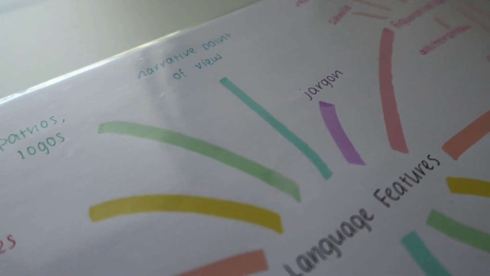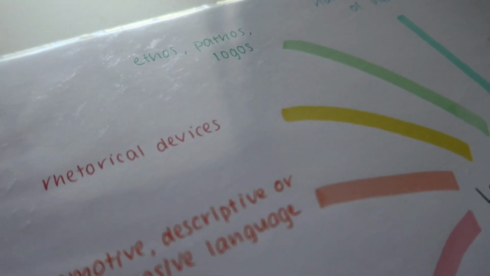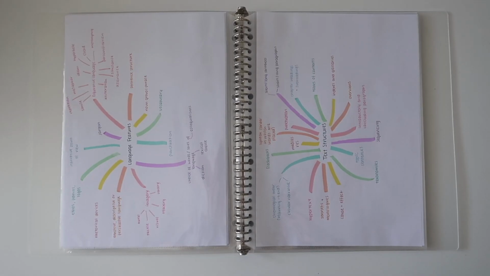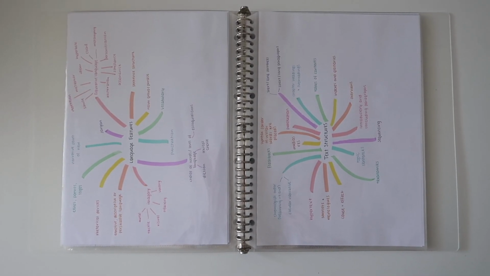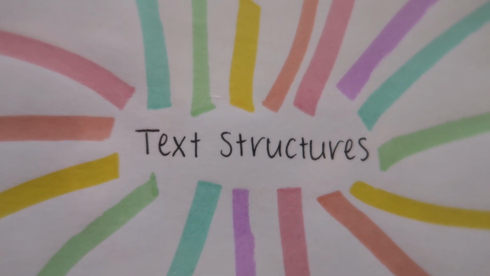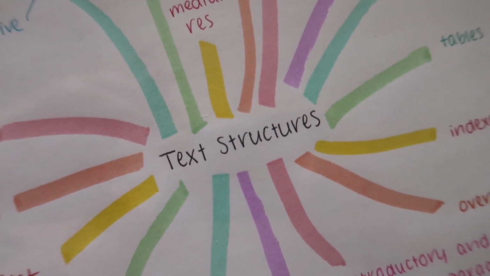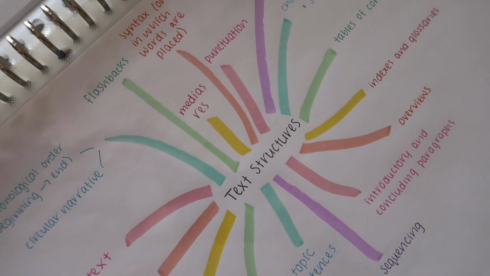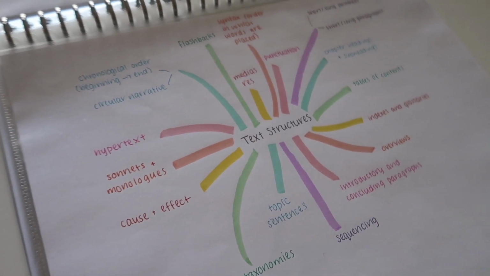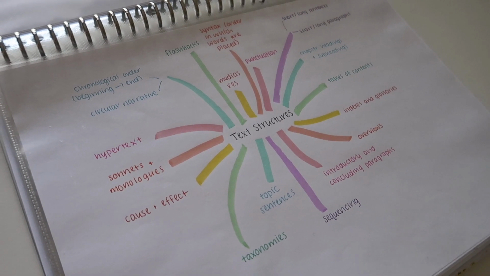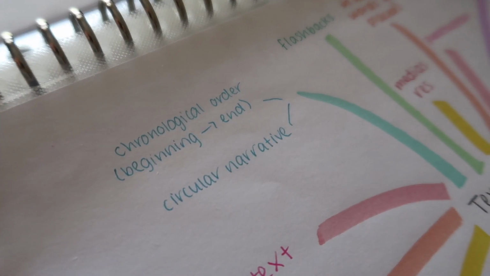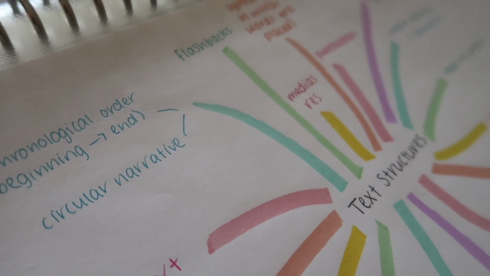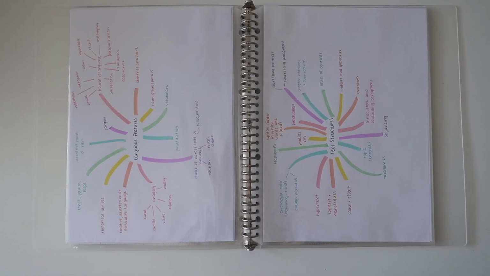I kept these in here the whole year, and throughout the year I would add to them every time I found a new text feature, text structure or language feature. And I tried to memorize most of these before my exam, so I had a kind of dictionary of language features and text structures in my head that I could pick and choose between in the exam.